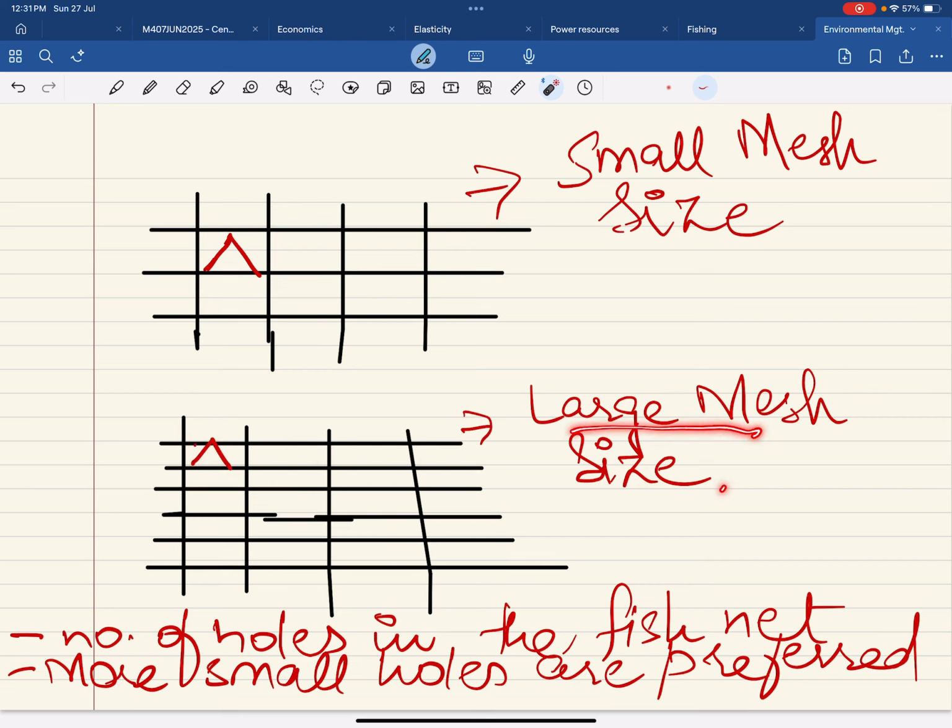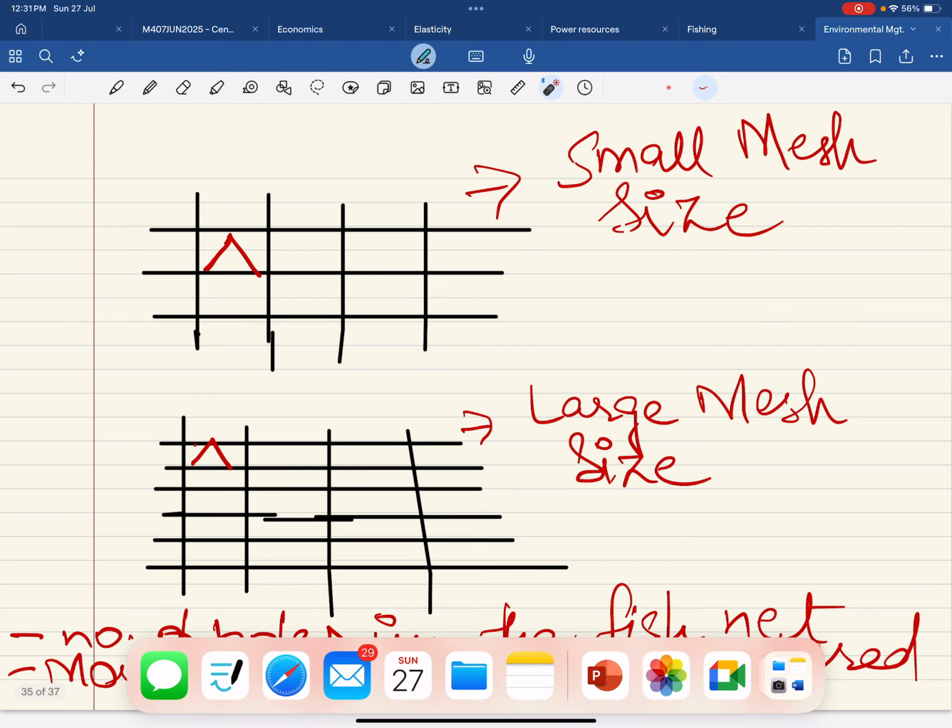So here large mesh size means smaller holes, more in number. This is the recommended thing: large mesh size, with smaller holes more in number on the net, and the net must be smaller in size. This is basically the mesh size and net size recommended for preventing bycatch.